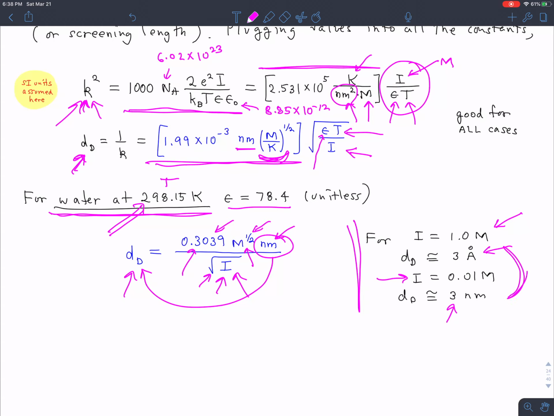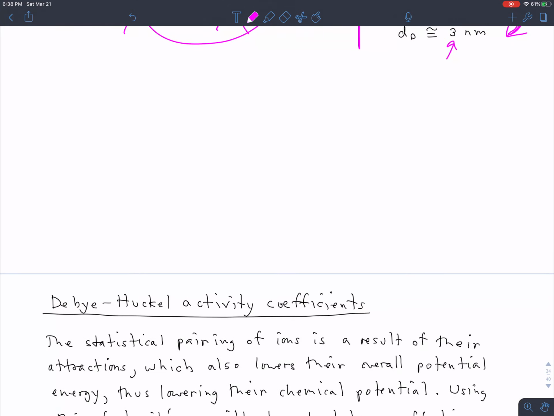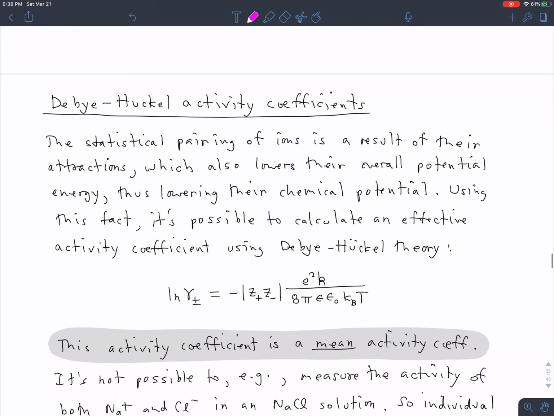And that's pretty much the range of typical Debye lengths that you see in most situations. All right, we'll stop there and talk about the effect of ionic interactions on activity coefficients in the next lecture.